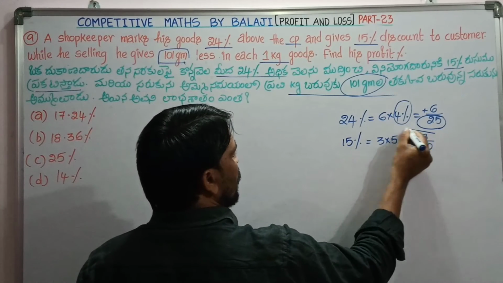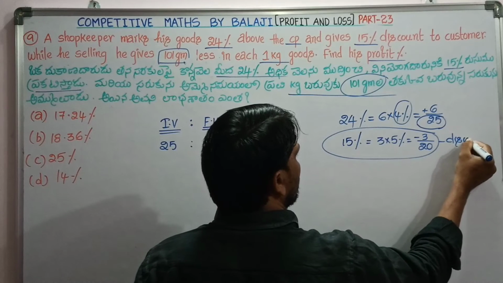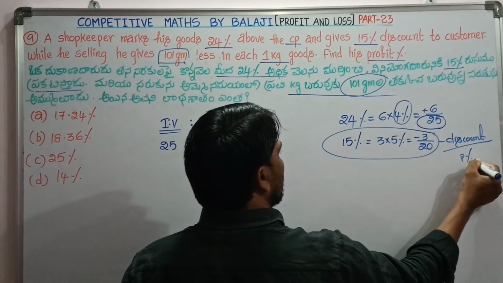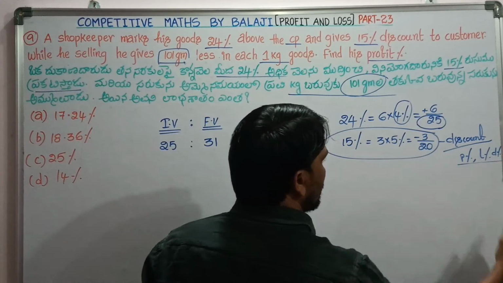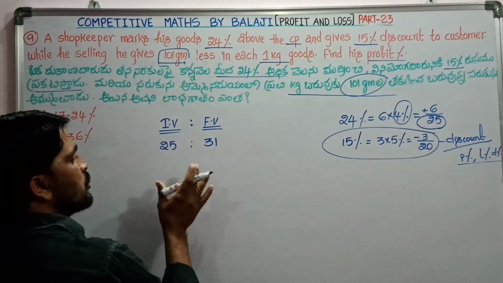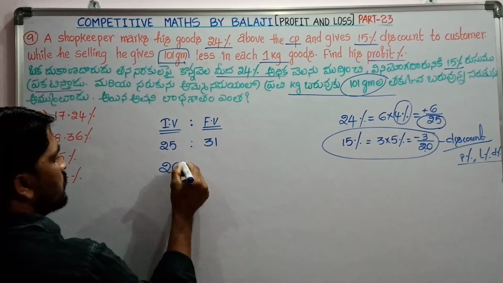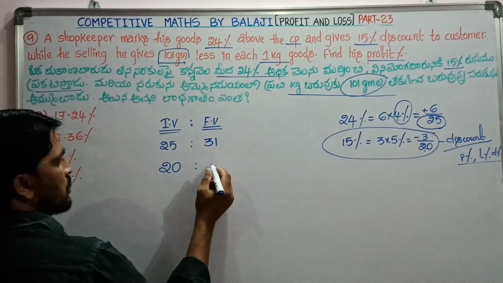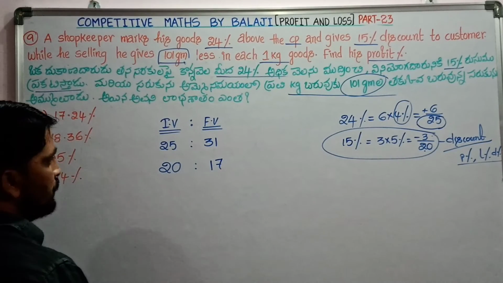Since it is discount, and we know that profit percent or loss percent or discount percent are always written in the ratio form, that is, out of 20 units worth of goods, he gives 3 units as discount. That is, he sells the goods at 17 units.